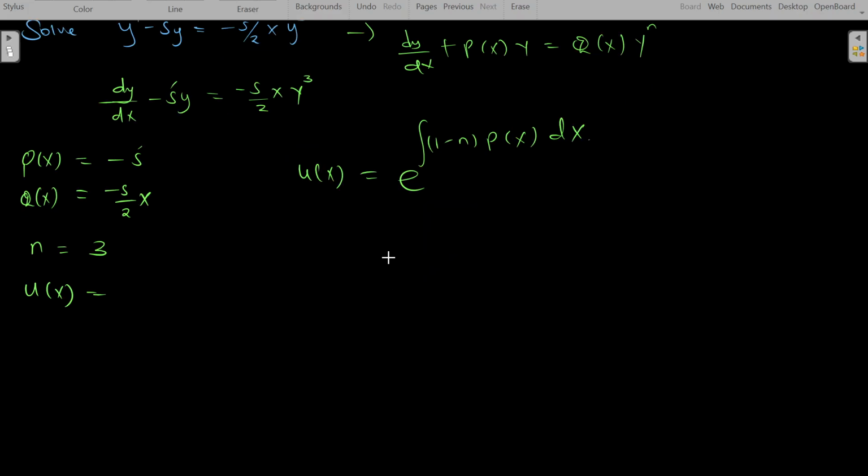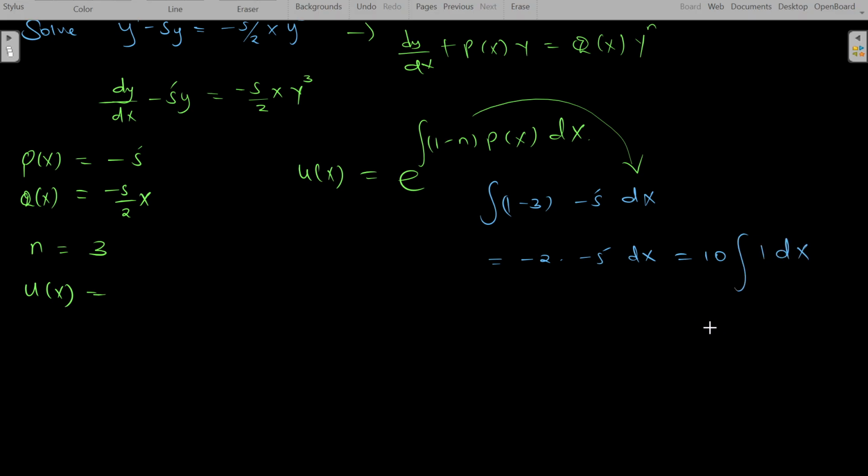So that's our step so far. Follow my first video. So we're saying take this integral. Let's calculate that integral. It's the integral of (1 - 3) multiplied by p(x) = -5 dx. It's just -2 multiplied by -5 dx, which will equal 10 outside the integral, 1 dx.